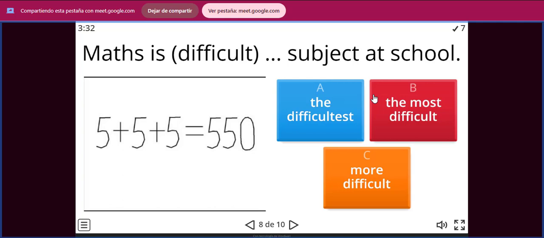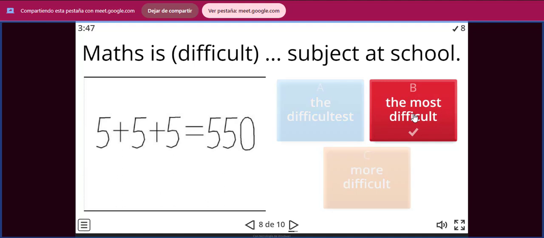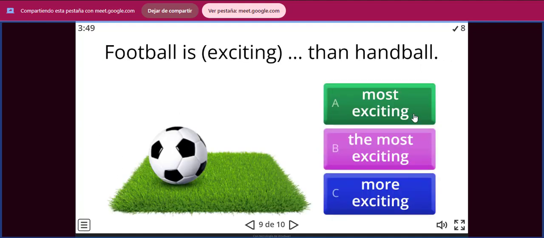Math is subject at school. The most difficult. Good. We are using a superlative comparison in this case. One class out of the rest of the classes. Football is than handball.